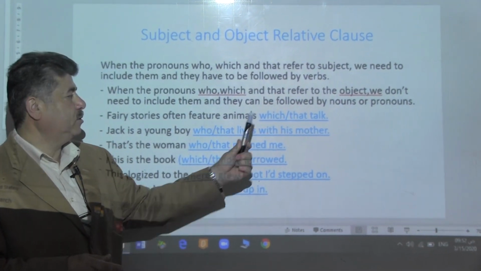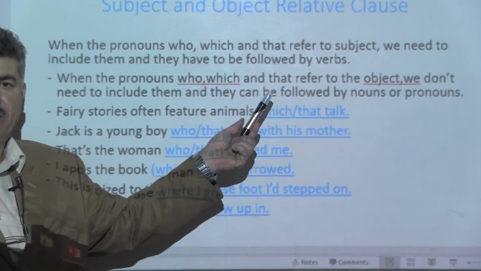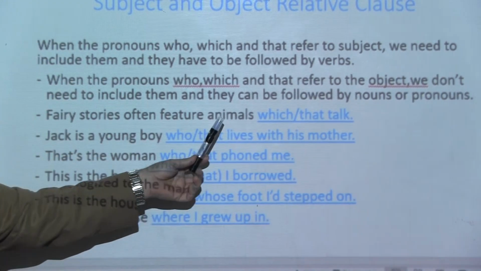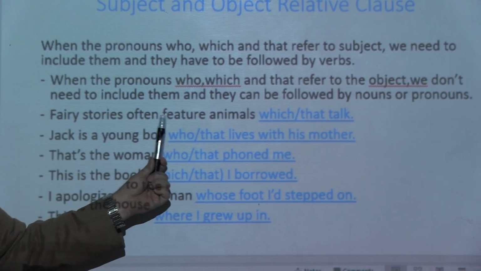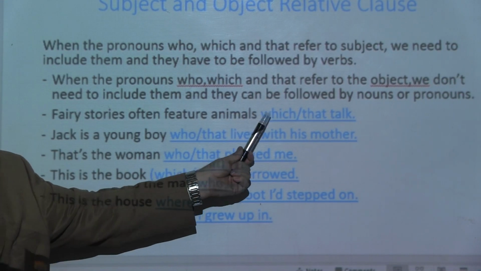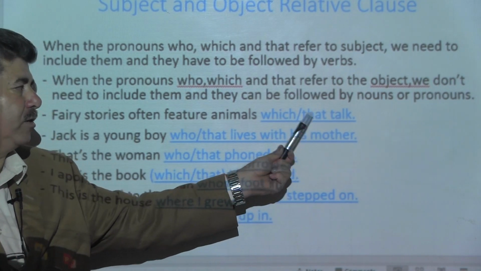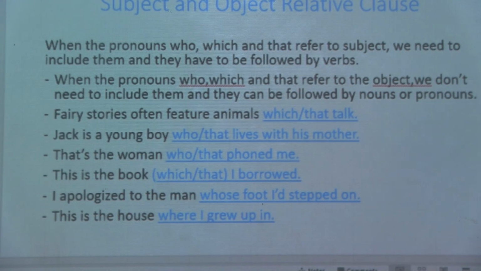We can't take out which or who or that. If we take them out, we have to add ing to the verb, but you are not required to do that at this specific point. Again, fairy stories often feature animals which or that talk. The verb here, talk, comes after that or after which, so definitely we are talking about a subject pronoun.